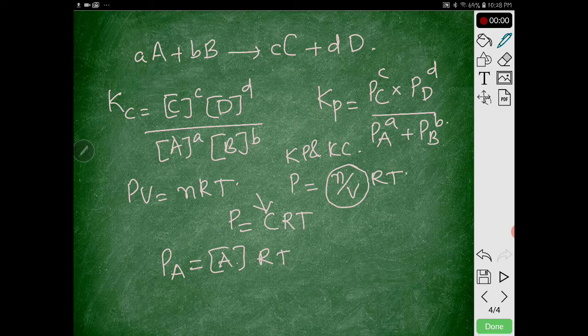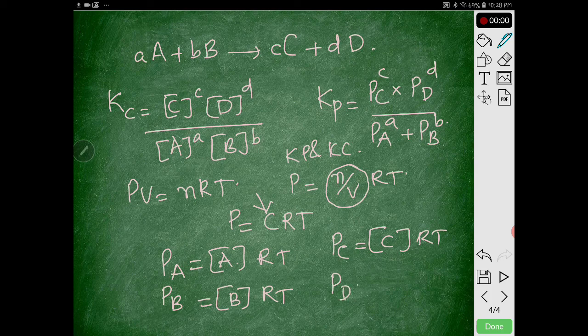Then the partial pressure of B is equal to the molar concentration of B into RT. The partial pressure of C is the molar concentration of C into RT. The partial pressure of D is equal to the molar concentration of D into RT. Am I right? So let's connect this fact.